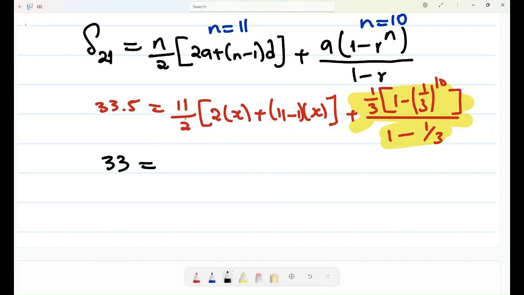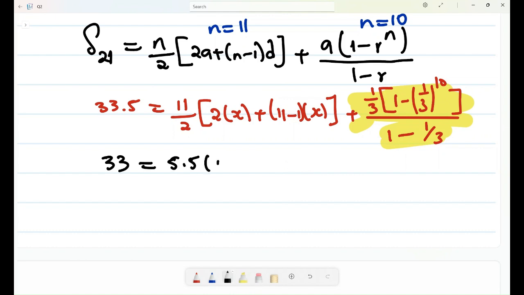Now it is equal to 11 divided by 2, which is 5.5, multiplied by 2x plus 11 minus 1 times x, which is 10x. Then here I'm having 12x.